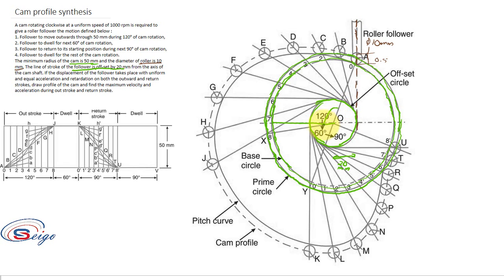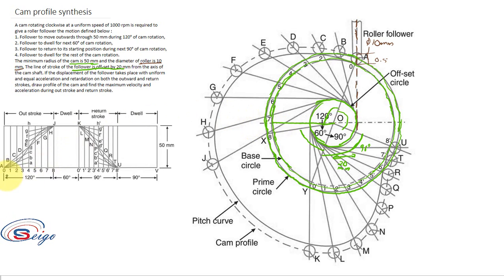So this is 120 degree. After that 60 degree. This is 60 degree. Then after that 90 degree. This is 90 degree. And remaining is again 90 degree. So this is 90 degree. Okay.